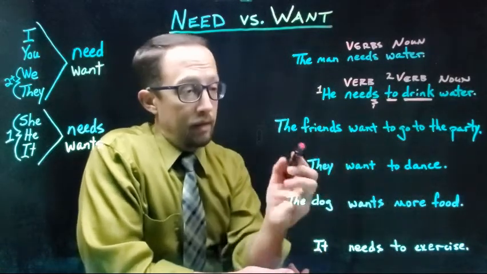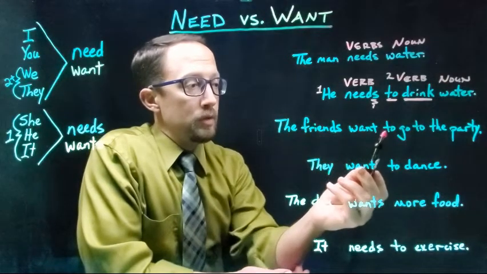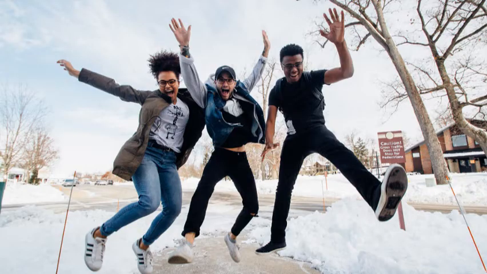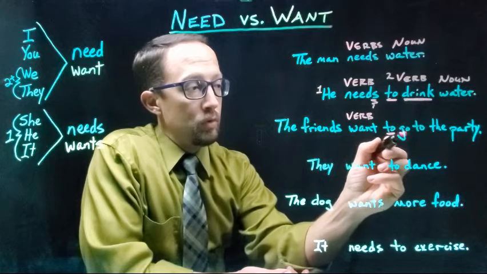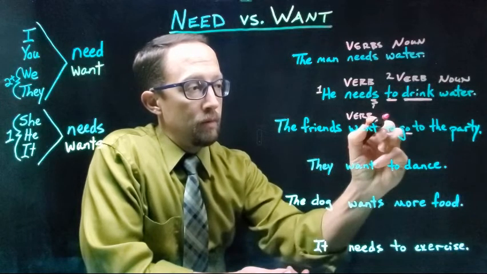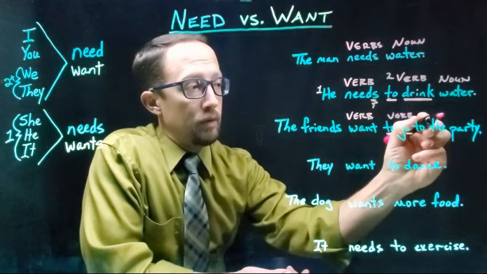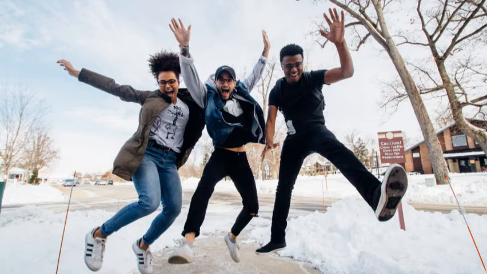Let's look at another one. The friends want to go to the party. So again, want is a verb. And then you have the base verb to go. This is also a verb. And you can follow it with a noun if you want. So the friends want to go to the party.